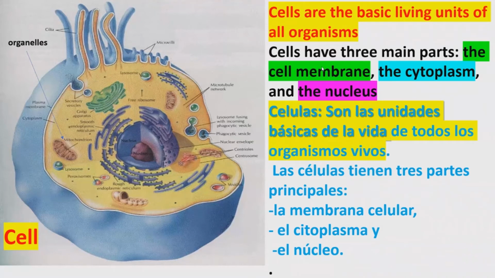All the cells have three main parts. They can be different in form and function, but all the cells have three main parts: cell membrane, cytoplasm, and the nucleus.